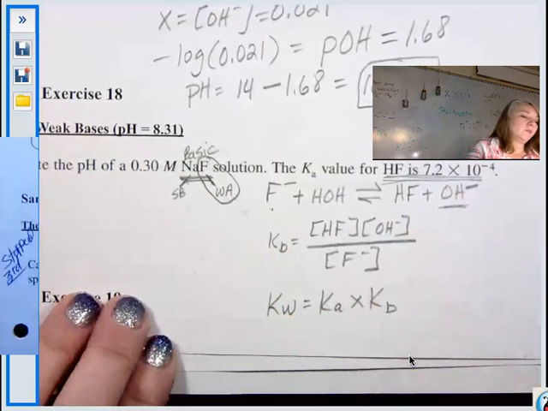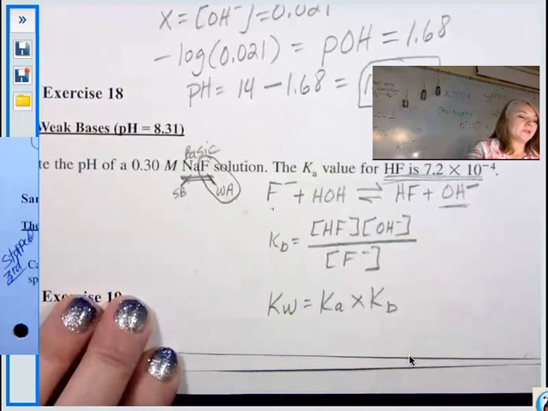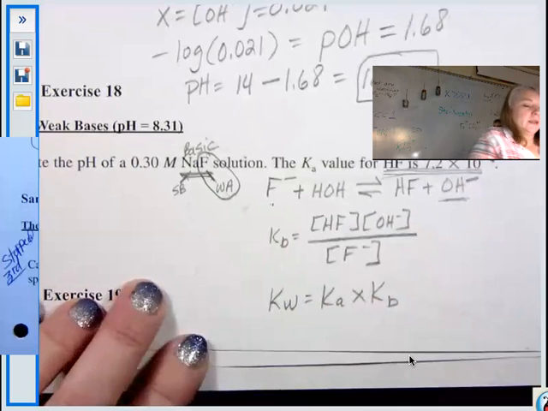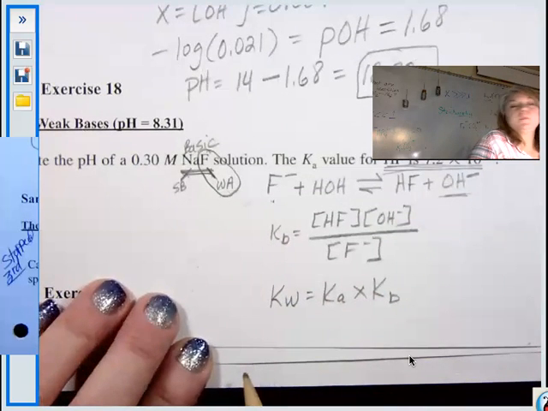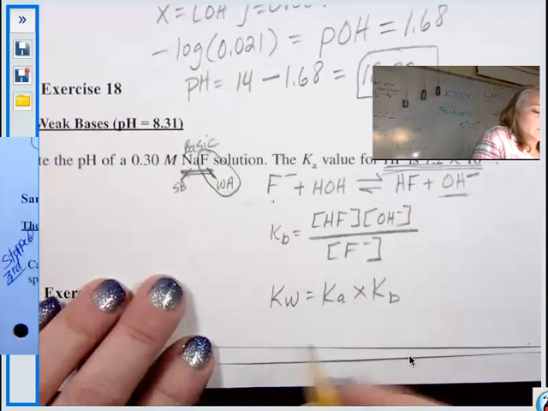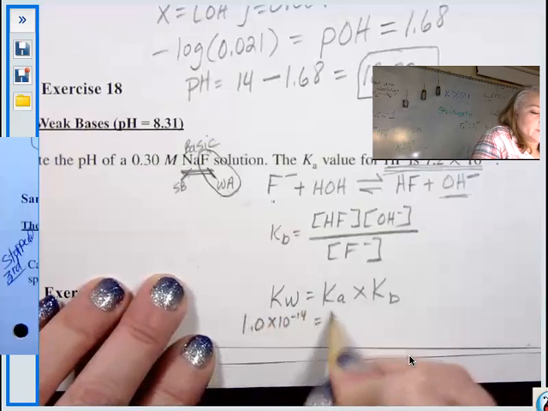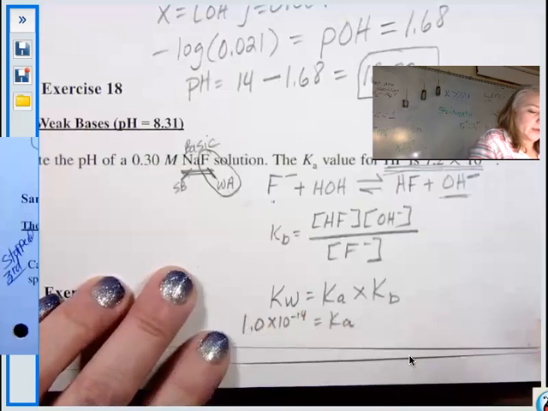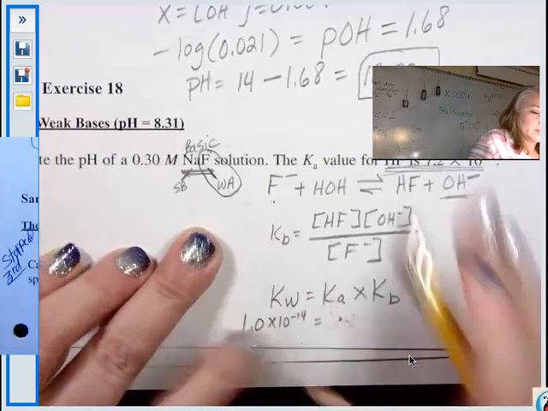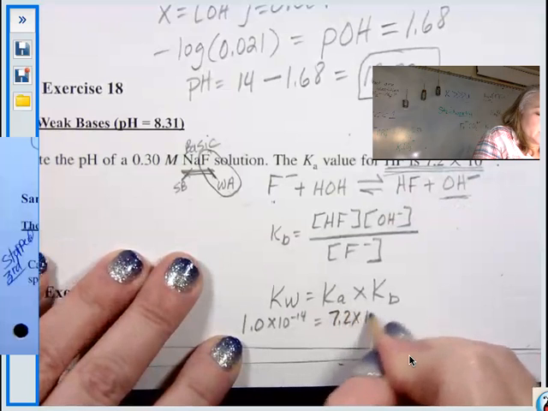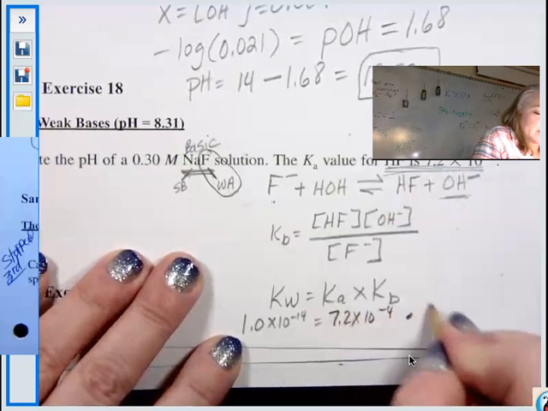If we're assuming that this reaction is taking place at 25 degrees Celsius, because they didn't tell us otherwise, then our Kw value is what? 1.0 times 10 to the negative 14th. We don't know Kb. Ka is 7.2 times 10 to the negative 4th, and then times Kb.